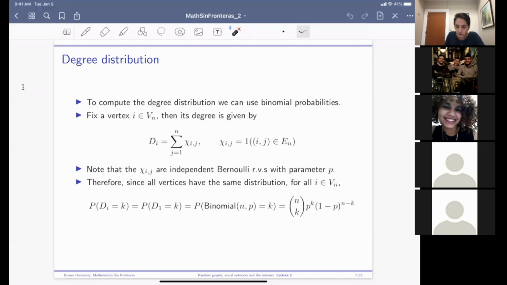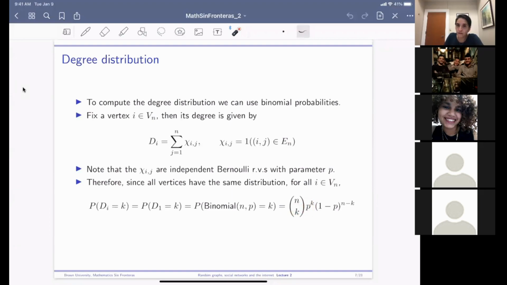So if we ignore the diagonal just to keep the notation a little bit simple, then this is what we call a binomial random variable with parameters n and p, the probability of these guys being equal to 1. We can compute its probability mass function: the probability of a binomial being equal to k is, from all the possible coin flips, choose exactly k, which I can do in n choose k ways.